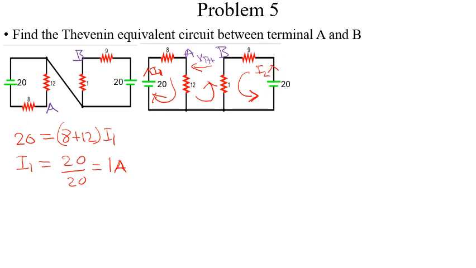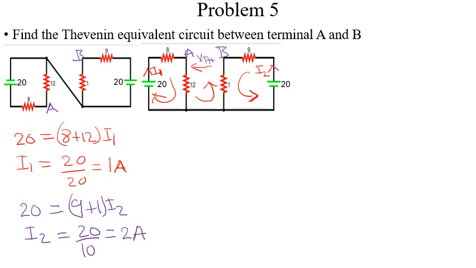So we have 20, that's our voltage source, equals 9 plus 1 times I2. So I2 equals 20 divided by 10, which is equal to 2 amps. Here we've now found the values of I1 and I2.